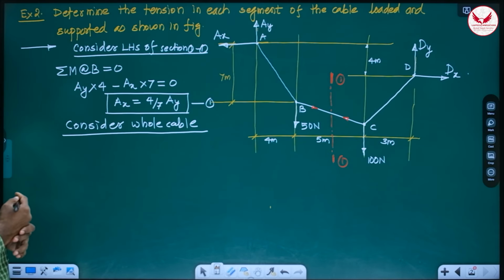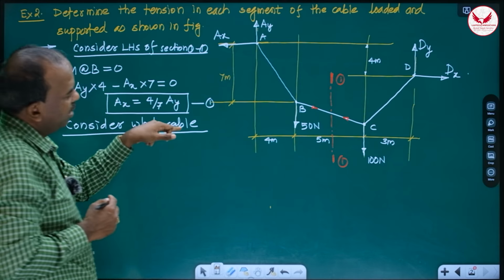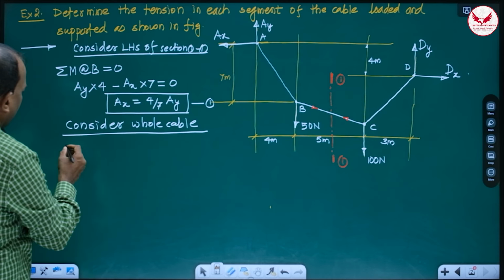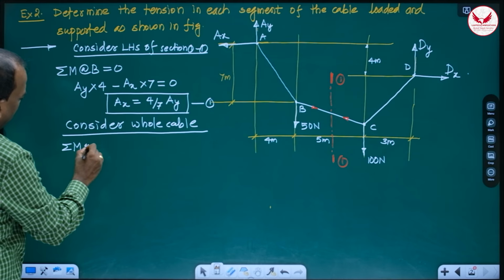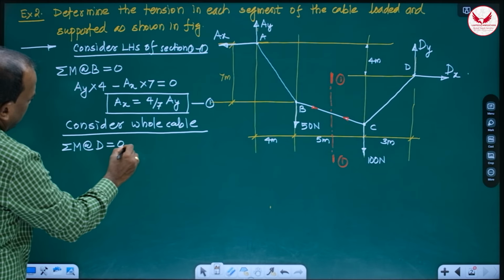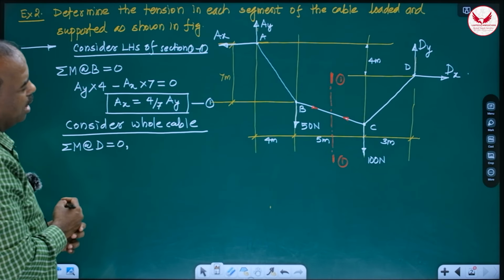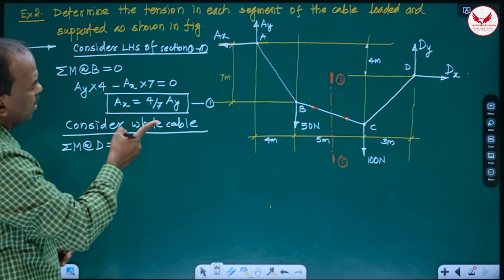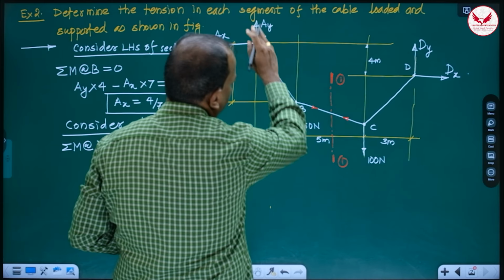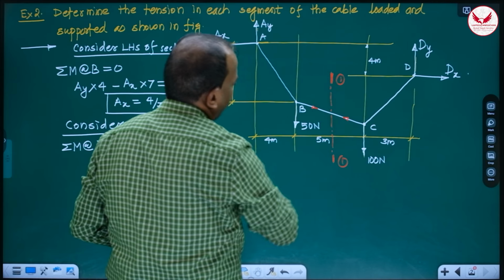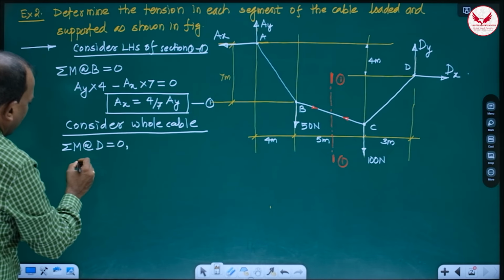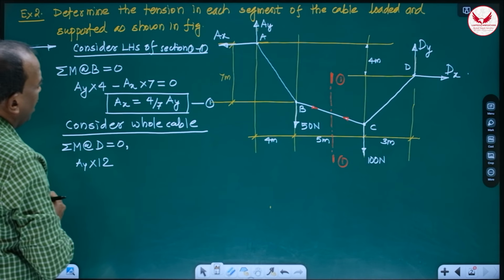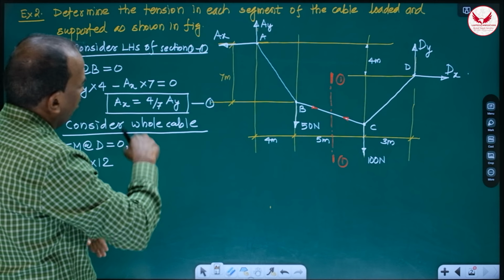If we consider the whole cable, now the relation between AX and AY is known. Don't take the moment about A. Now you take the moment about D. So summation M about D is equal to 0. Then what I'll get? About D, the moment of AY, horizontal distance 12 meters, AY into 12. And now instead of AX, what you will put?